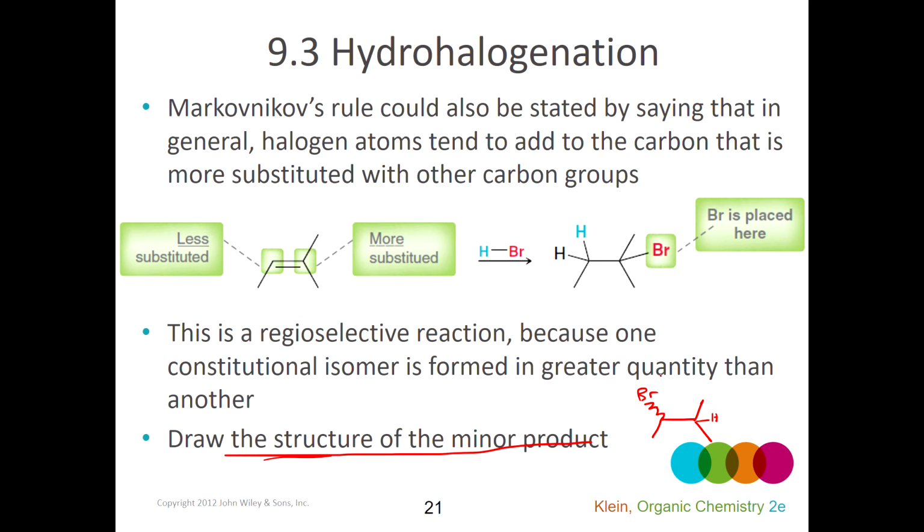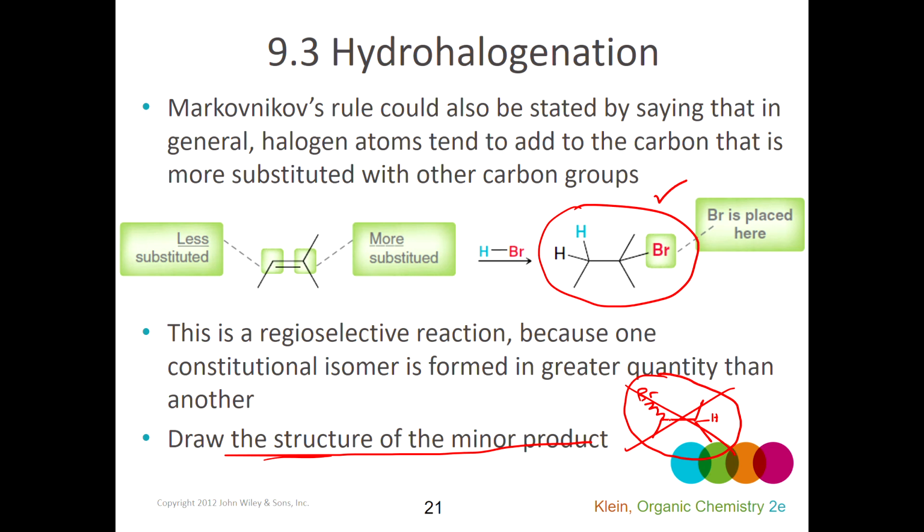Just looking at that, there's really no reason why that would be more or less stable than the other option. So thermodynamically, there's no reason why one of these products would be favored over the other. So there must be a kinetic difference. There must be a reason why the mechanism goes through a pathway that produces the Markovnikov predicted product versus the anti-Markovnikov predicted product, which we don't really see forming.